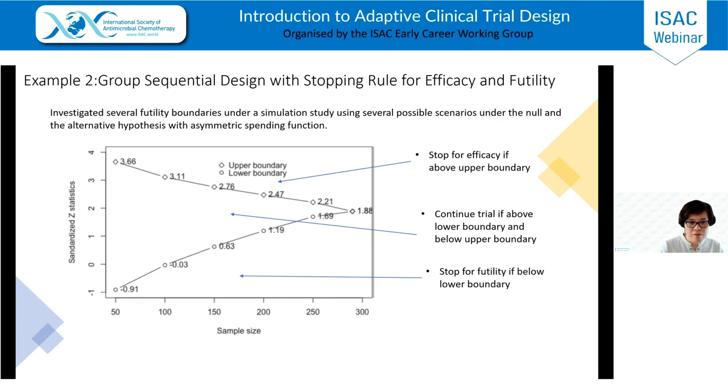Now, if you are below minus 0.91, that means you are going to stop the trial, the futility stop rule here. If it's in between, you keep going. So this basically tells you that you are going to do another analysis at a sample size of 100 or 150 like that. So this is the stopping rule for both efficacy and futility using the group sequential design.